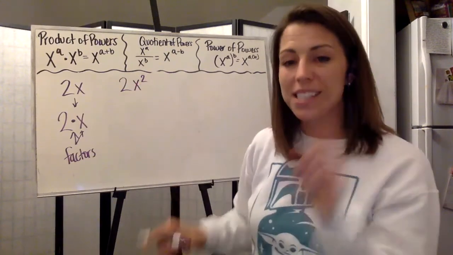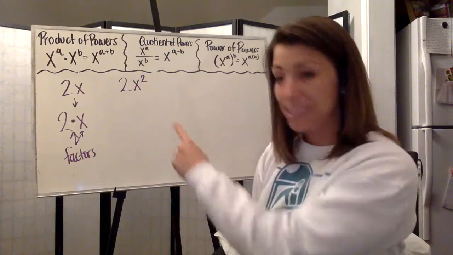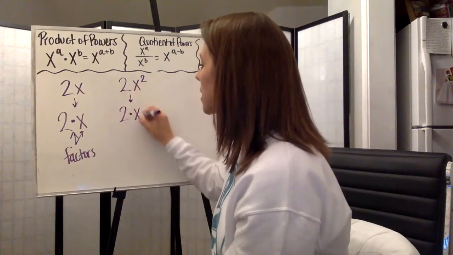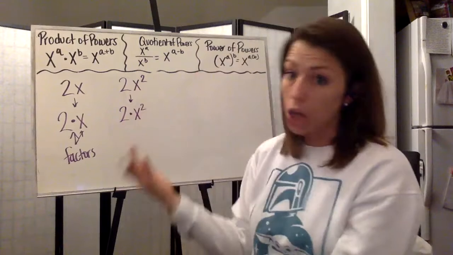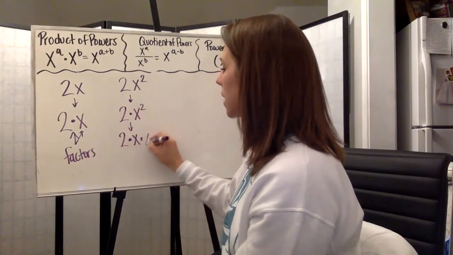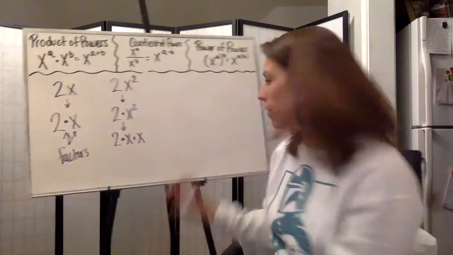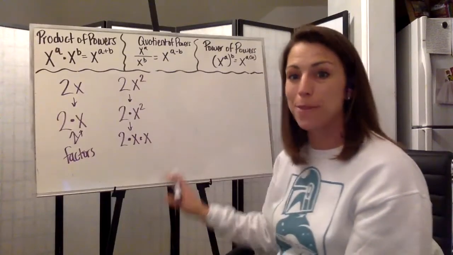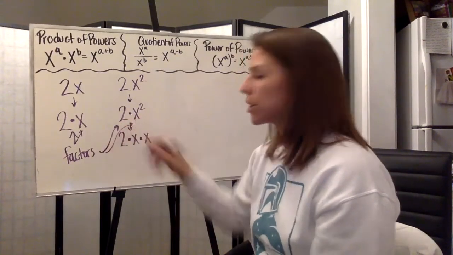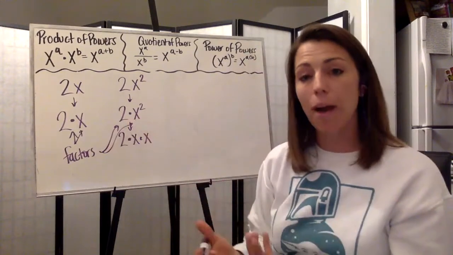No, no, no. This is still a product. This means 2 times x squared, which could also be written as 2 times x times x if we wanted to do that for whatever reason. And again, these are all factors. They're parts of a product.